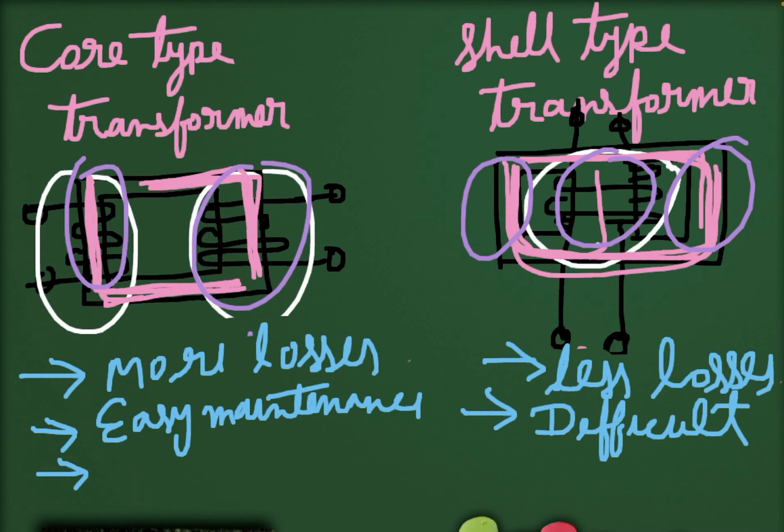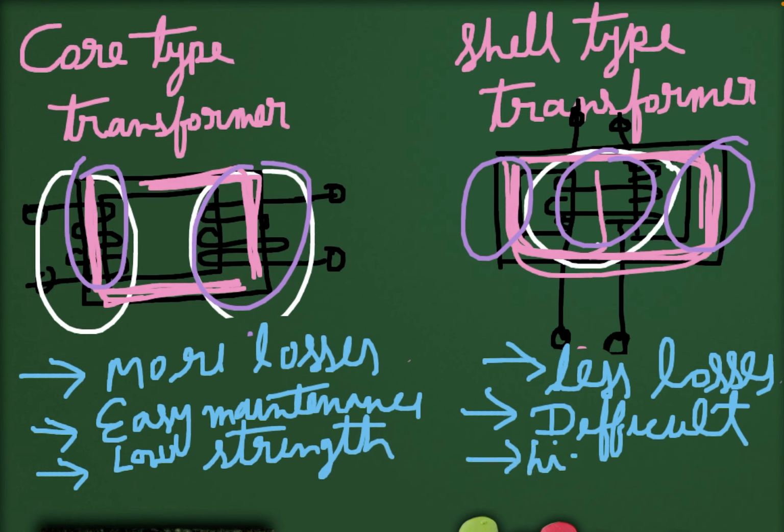Next point is mechanical strength. The core type transformer mechanical strength is low, while in the case of shell type mechanical strength is high. Obviously, you can see that in the core type there are 2 limbs, so strength is low, but in the case of shell type there are 3 limbs, so obviously the strength is high.